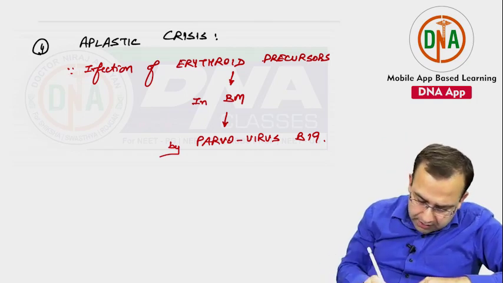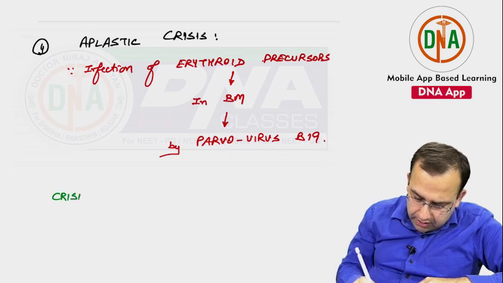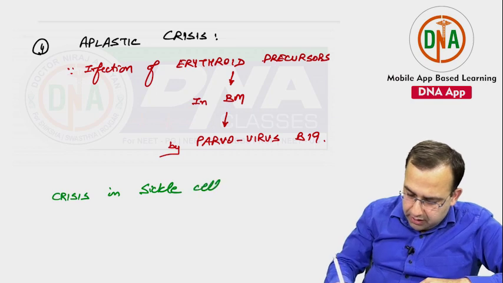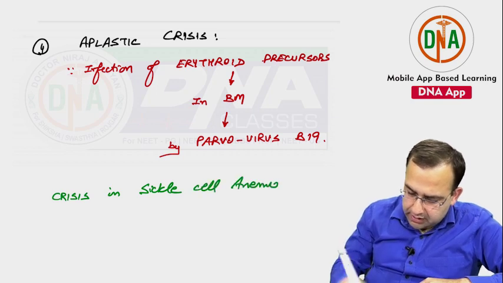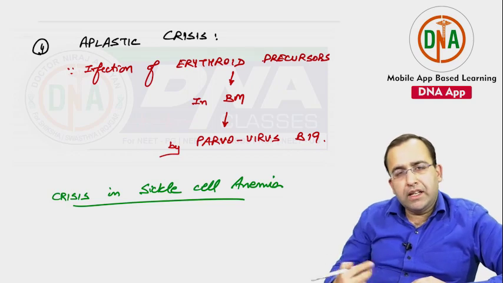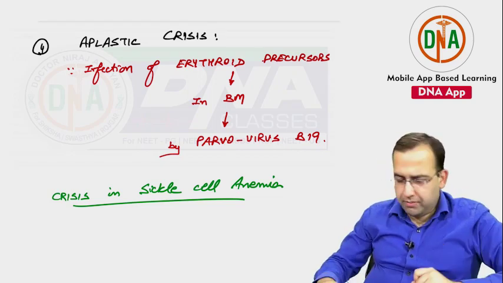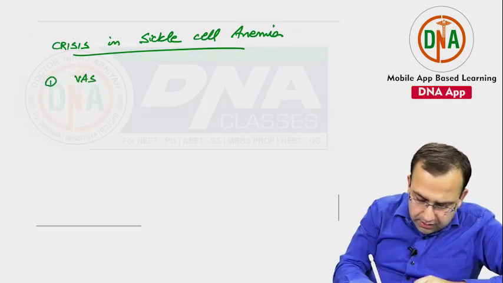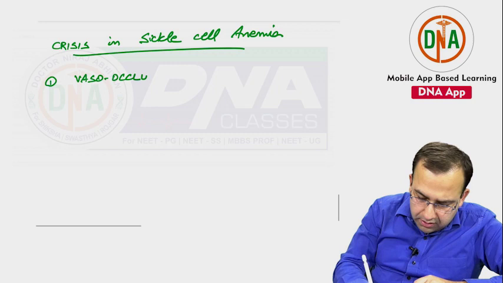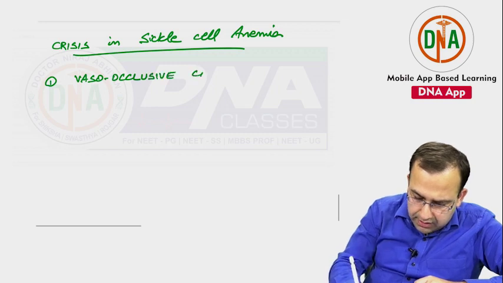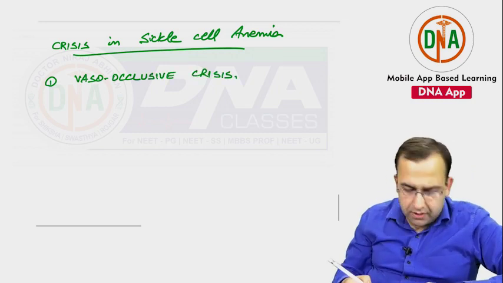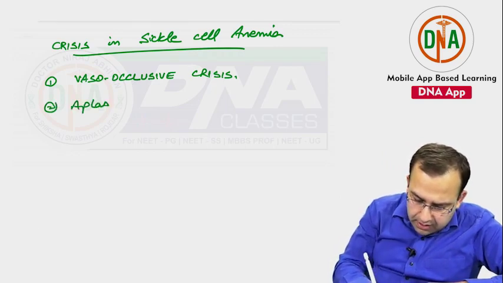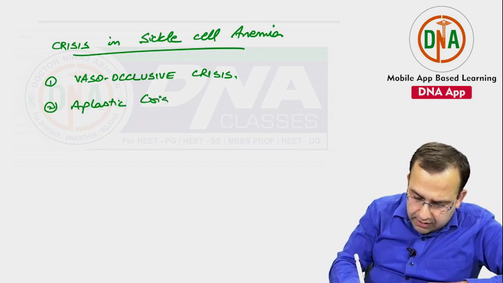Another point that is asked is crisis in sickle cell anemia. Sickle cell anemia is associated with 3 main crises. First is vaso-occlusive crisis. We have already seen this. Next is aplastic crisis.